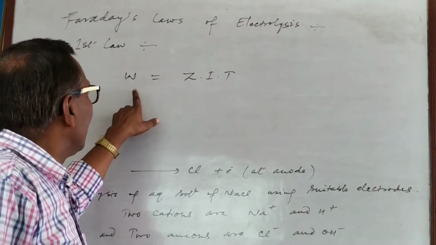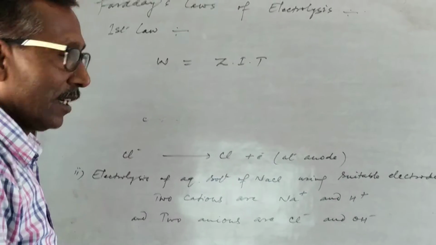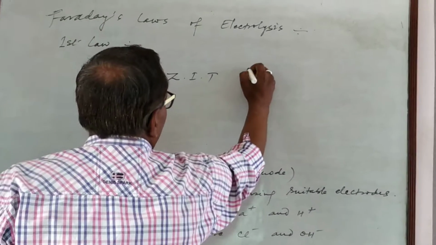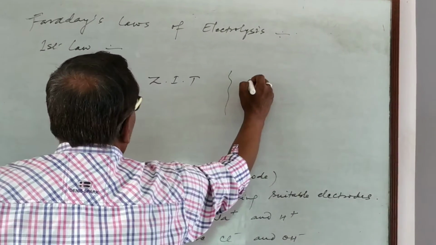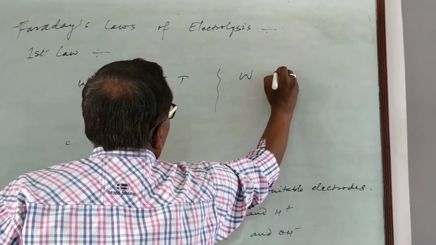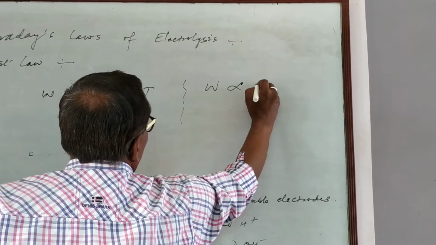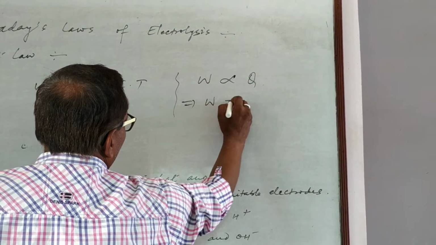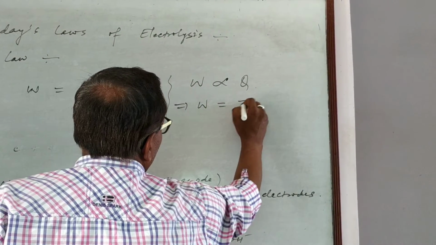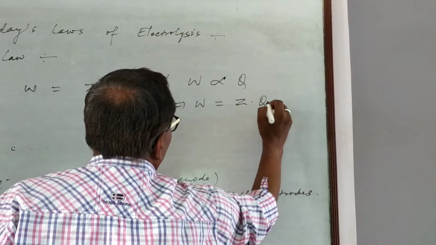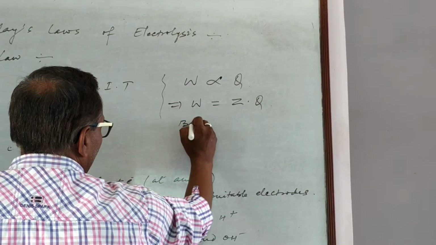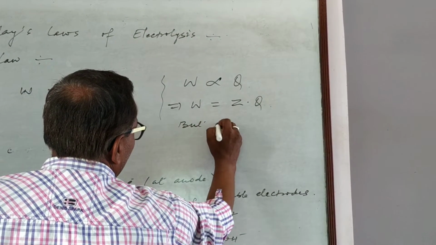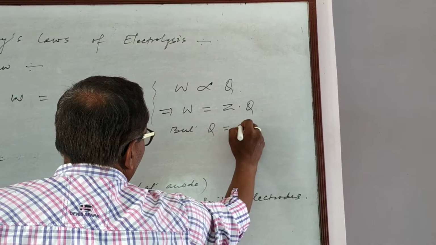In fact, this relation comes as W is directly proportional to Q, and W is equal to Z into Q, but Q is equal to I t.